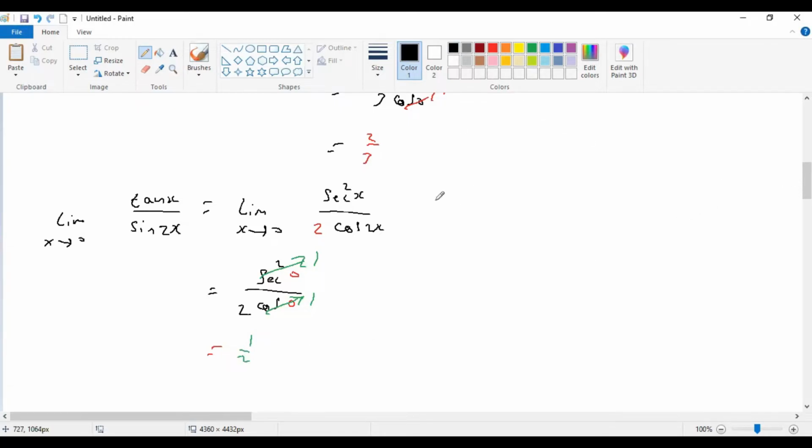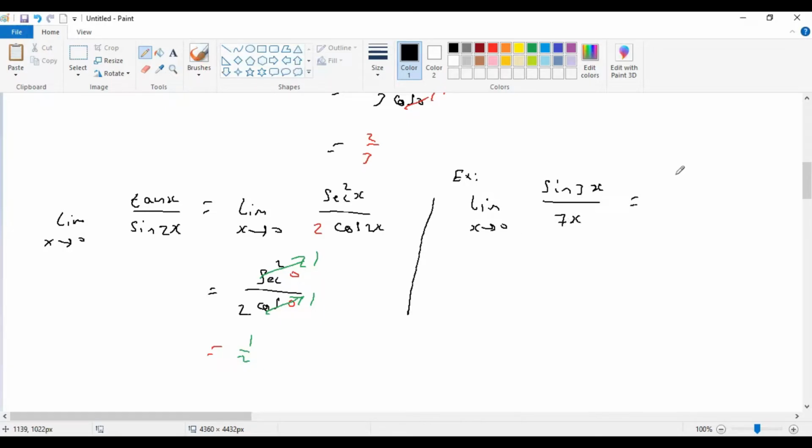Another example. I write it here. To find the limit as x approaches 0 of sine 3x over 7x. Clearly, this one will be 0 over 0.